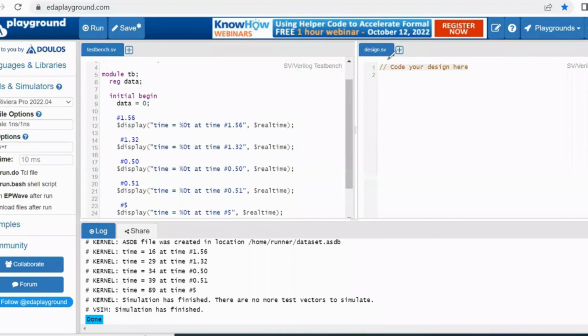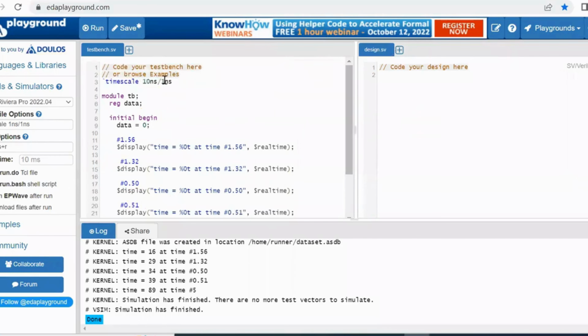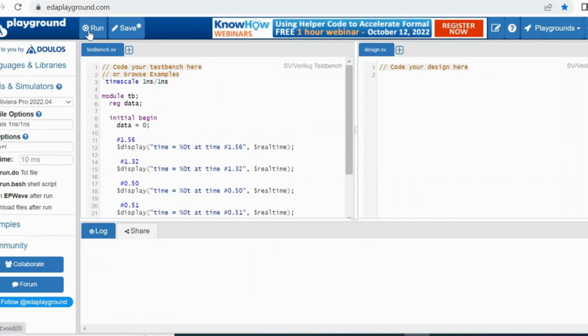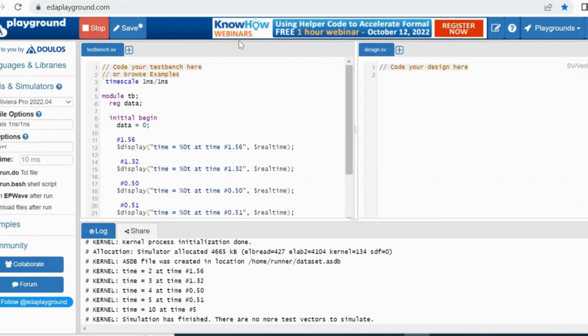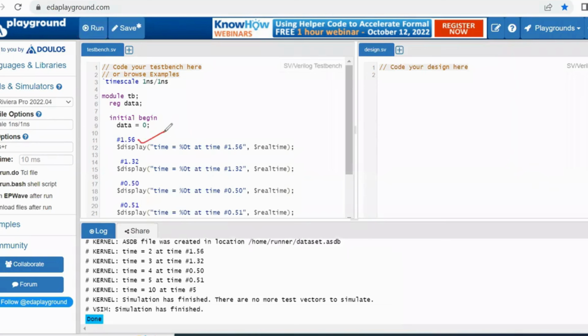Okay, and then I'm considering 10 nanoseconds by 1 nanosecond, which is nothing but 1. So there will not be much difference. See here, for 1 nanosecond, the value 1.56 into 1 we can round off to 2. Next 1.3 into 1, 1.3 we round to 1. So 2 plus 1, at time unit 3 this statement will be executed.